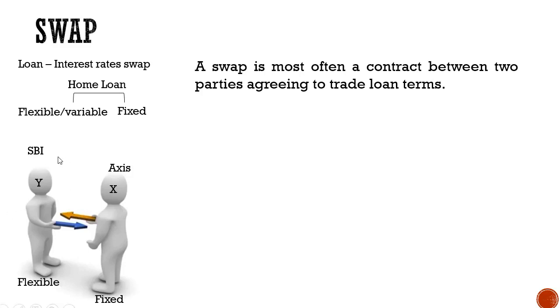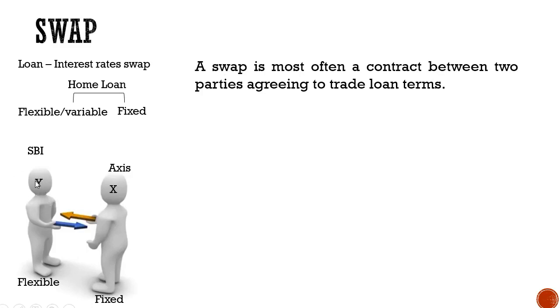Now, in future, let's say after couple of months, after a year, Mr. X came to know that the interest rates are falling. So he decided to convert his fixed rate interest into flexible interest. Whereas Mr.